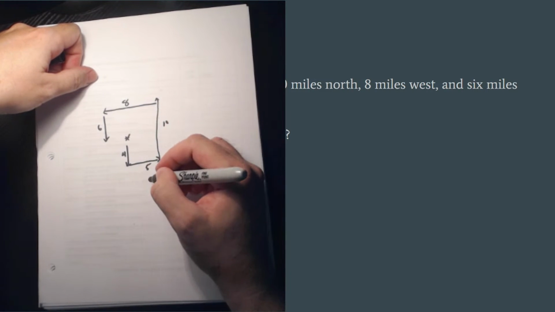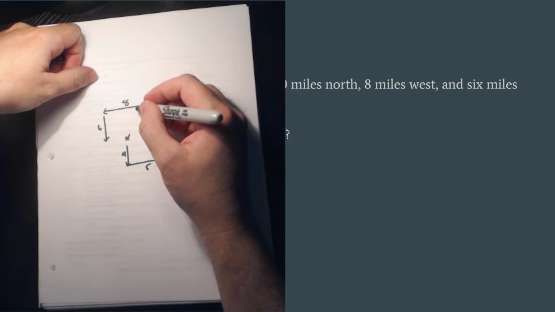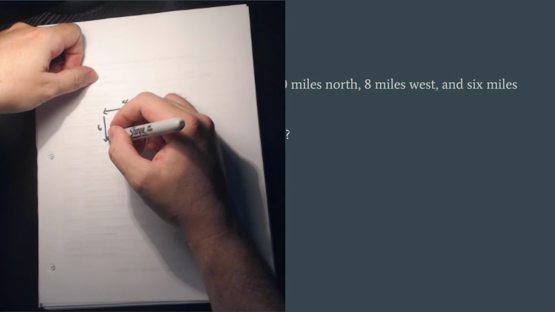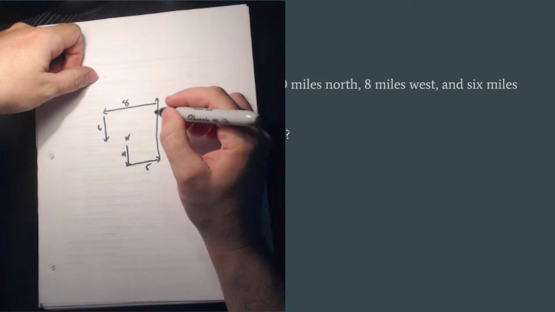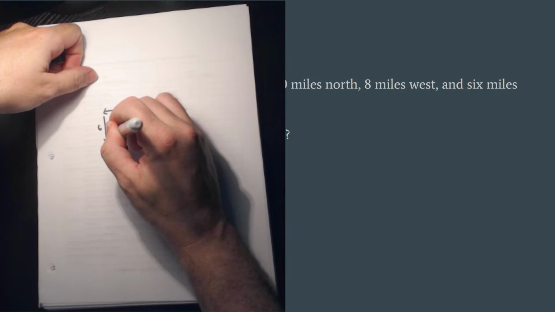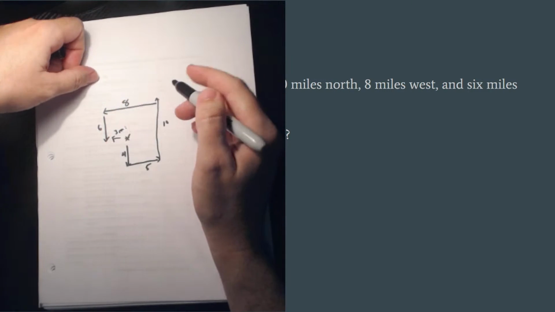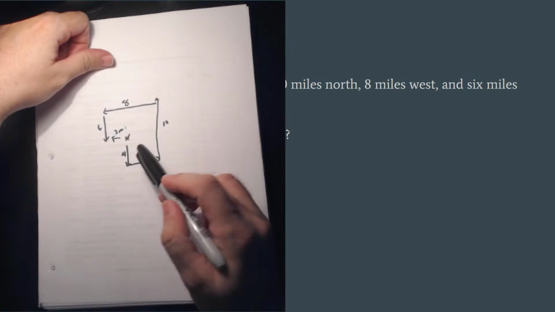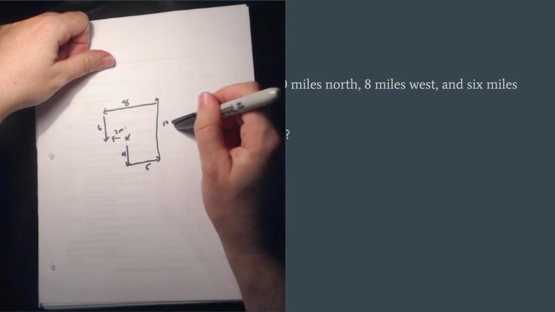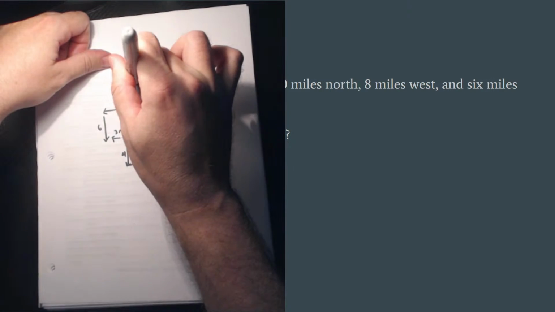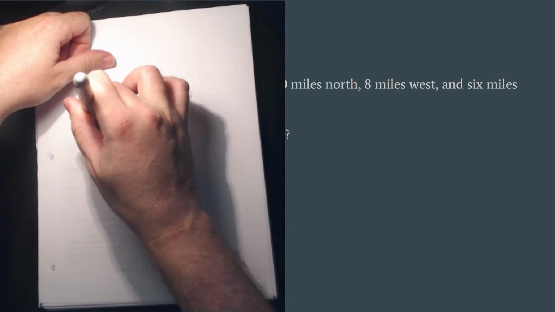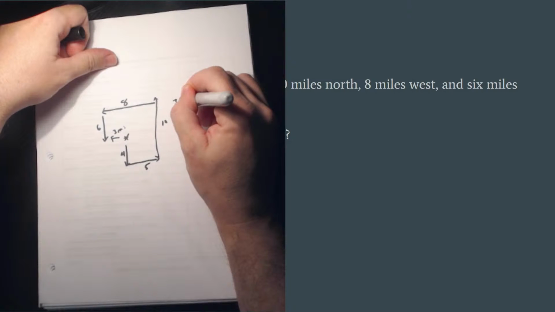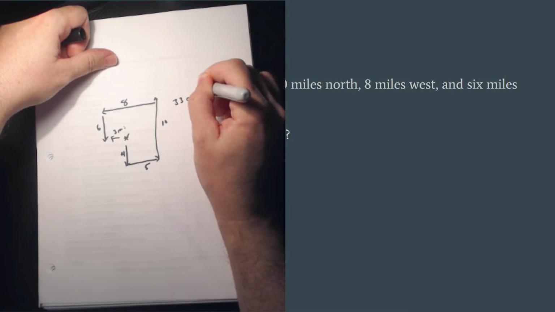Well, 4 down, then 10 up was 6 up total, then 6 south. So we have now just traveled 3 miles due west of where we started. But how far did you travel? Well, 4 plus 5 is 9, plus 10 is 19, plus 8 is 27, plus 6 is 33 miles total.